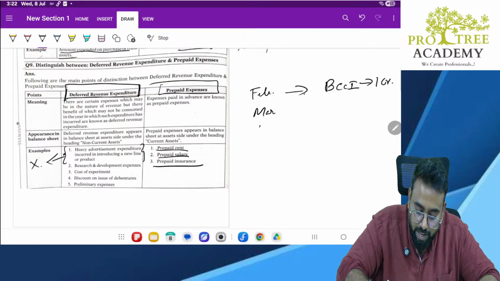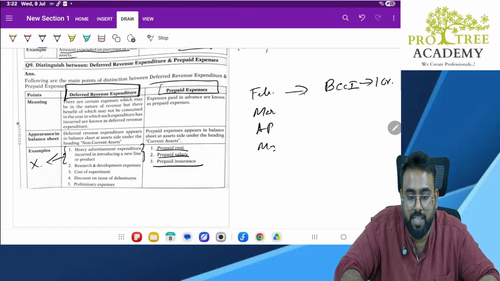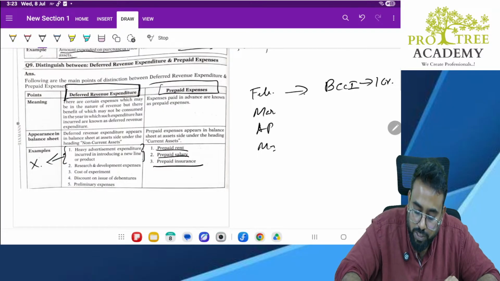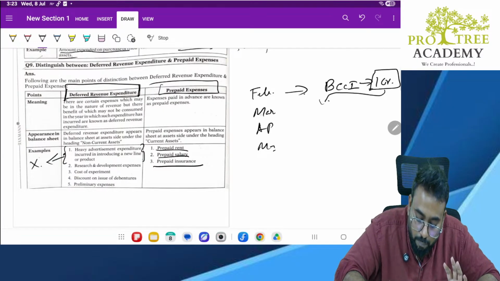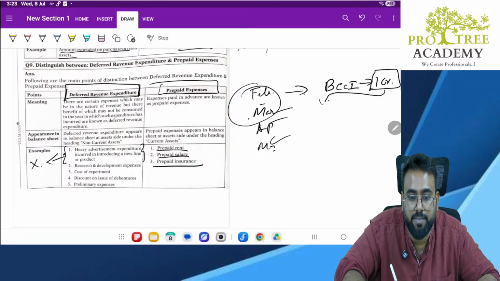March, April, May. IPL. Correct? March, April, May. IPL season. In between ad, my company name will come. Say I paid 1 crore rupees to BCCI. Now my question is, this 1 crore, will you put it as expenses in February itself, or you will divide it between March, April, May? It will be divided between March, April, May.